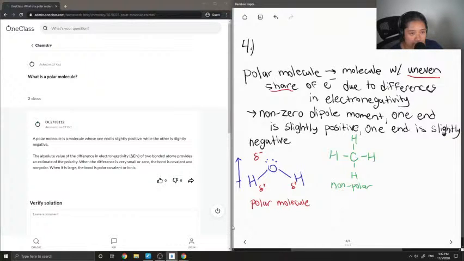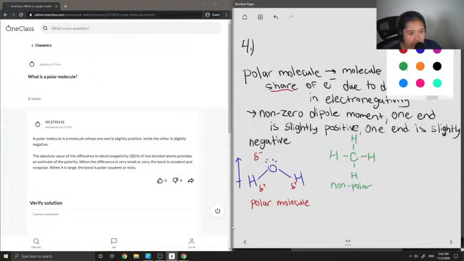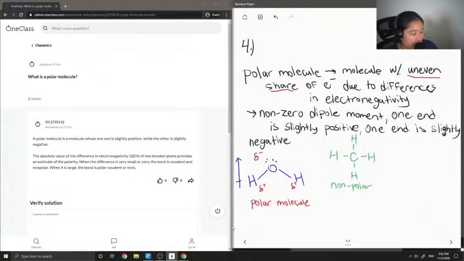There's an equal share of electrons due to similar electronegativities. So let me just write this down. This is non-polar, since carbon and hydrogen have similar electronegativity values.